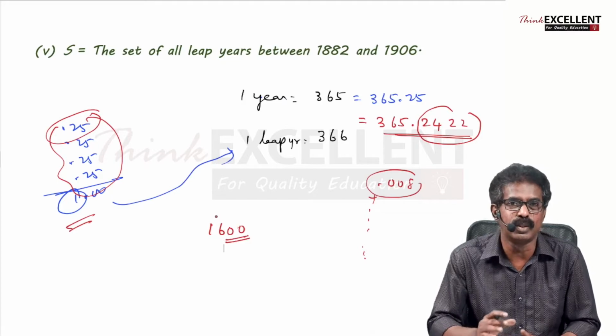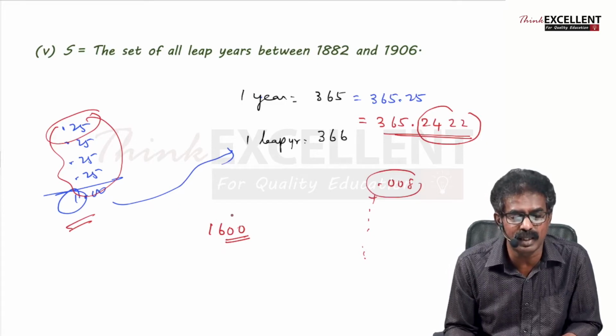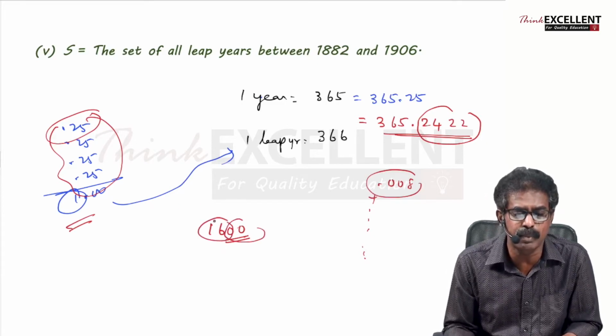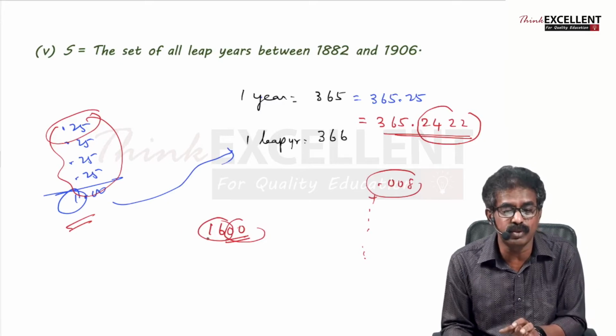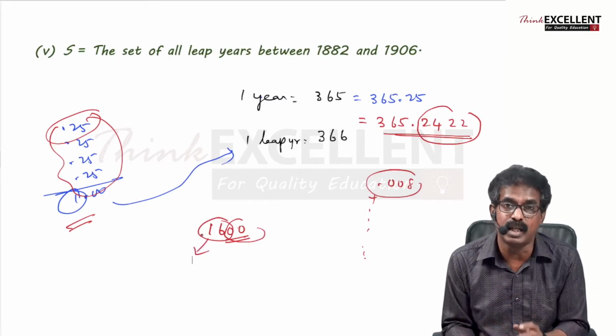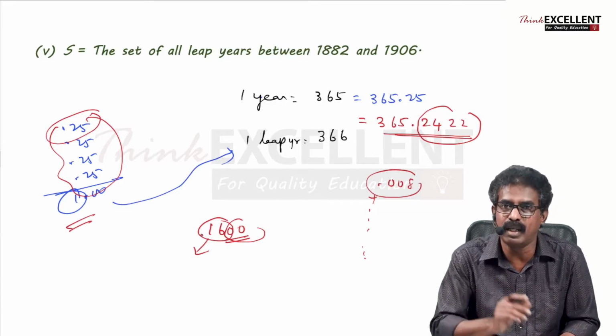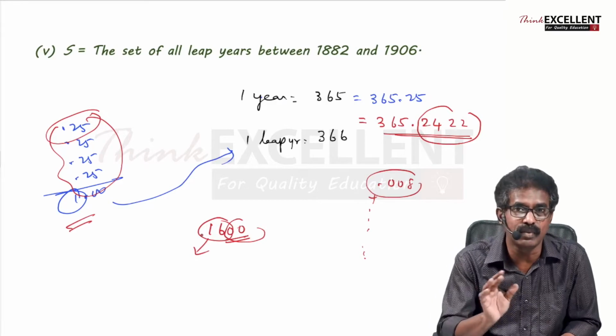Instead of dividing by 4, you divide by 400. That means you leave the 2 zeros and divide the remaining by 4. If the whole year is divisible by 400, then only it is a leap year. So for century years alone, don't divide by 4 and check.